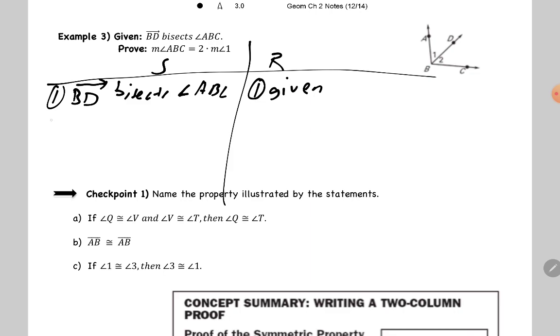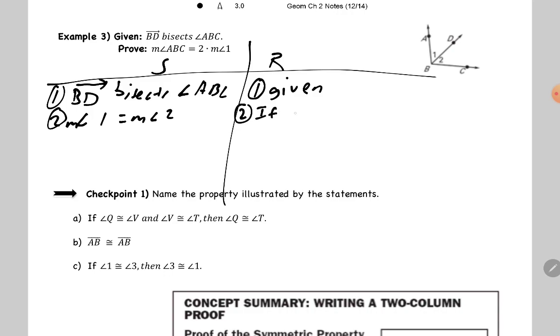So, what does it mean to bisect? It means that the measure of angle 1 is equal to the measure of angle 2. So we need to write out the definition of bisect.